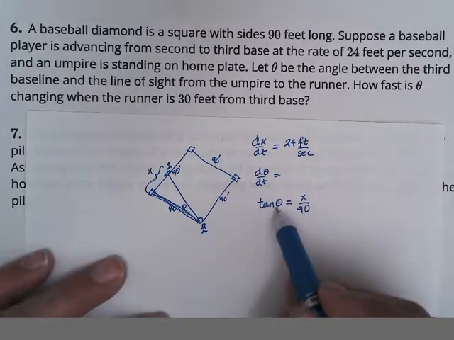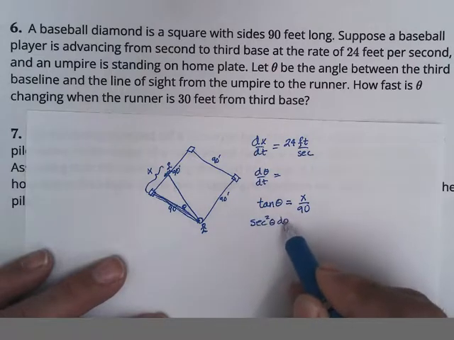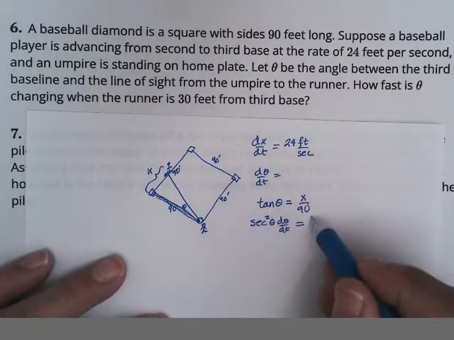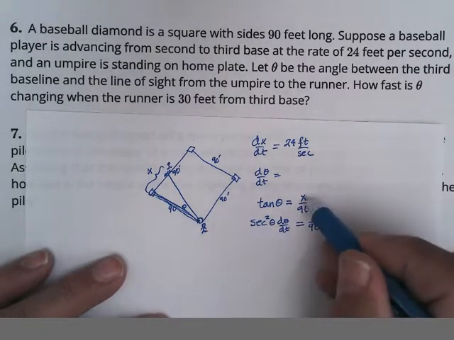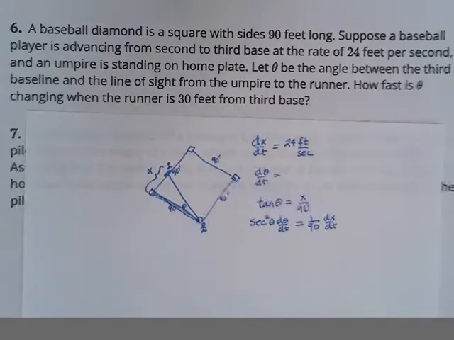Hence I can take the derivative of this with respect to time. The derivative of tangent is secant squared theta d theta/dt, which equals 1/90th, and the derivative of x is 1 dx/dt.